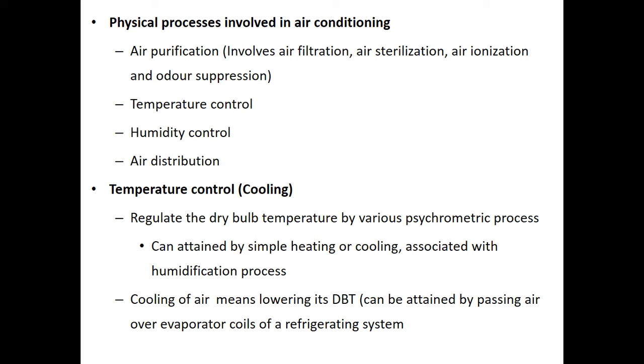Sometimes if the temperature outside is very low, maybe around 0 or minus degrees, you again need to control the temperature. You need to raise the temperature to the comfort level of human beings. So for temperature control, regulate the DBT, the dry bulb temperature, by various psychrometric processes. It can be attained by simple heating or cooling in association with the humidification process.